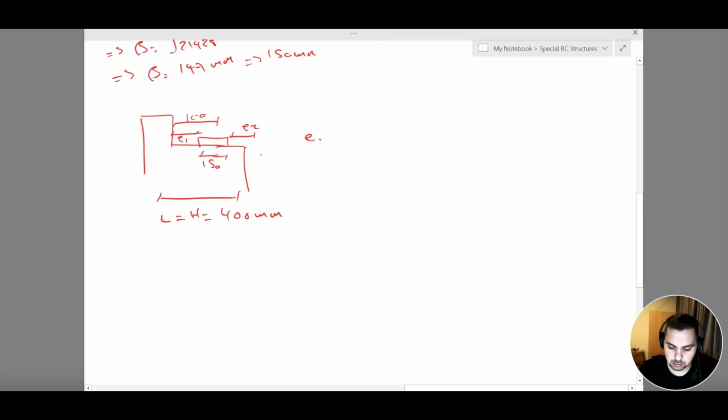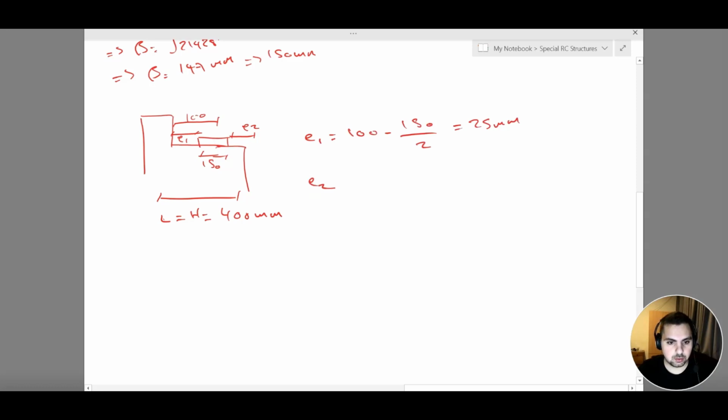So E1 equals 100, the distance from here to half my steel plate, minus the steel plate divided by 2. So it's basically minus half the width of my steel plate. It's equal to 100 minus 150 over 2, which is equal to 25 millimeters.